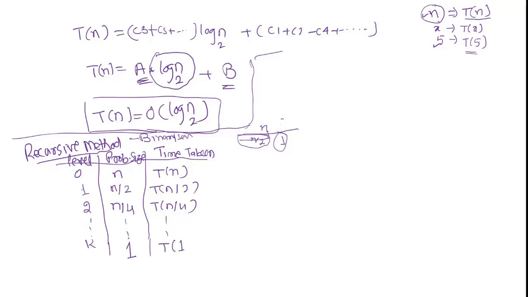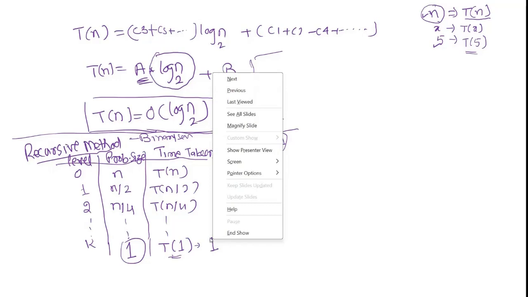Now the task involved in each level is to compare the number with the mid element. So with one element at the end, the time to compare will be constant, order of 1, or we can assume it as 1.